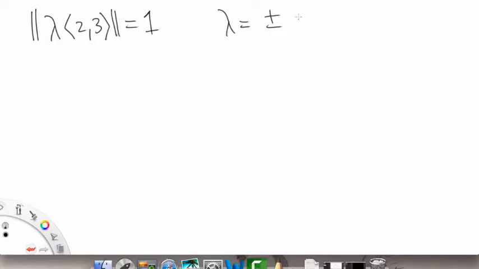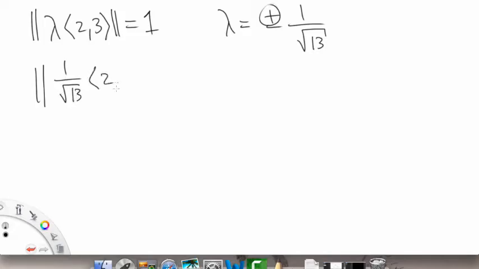If we check that this is in fact true, we wanted this to be true, and we found our lambda to be plus or minus 1 over square root of 13. Let's check the first case, where it's positive. If lambda is positive, then we have 1 over square root of 13 times (2, 3).